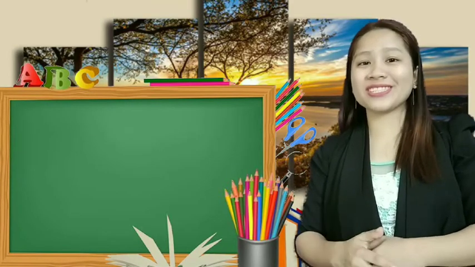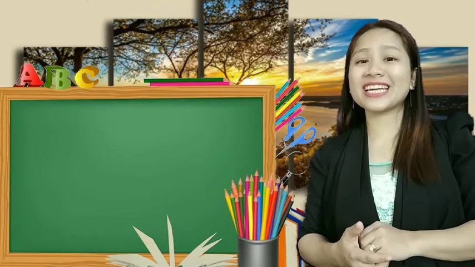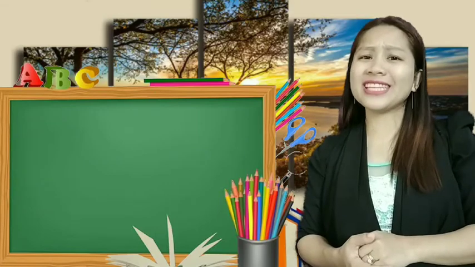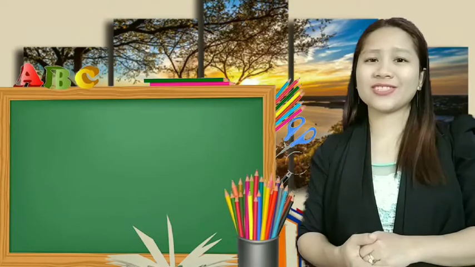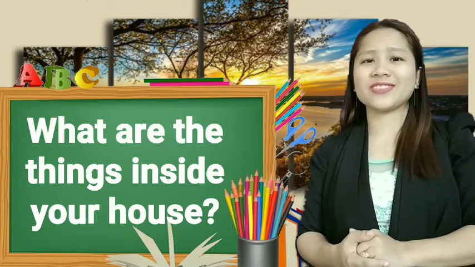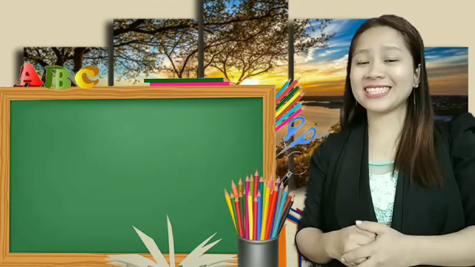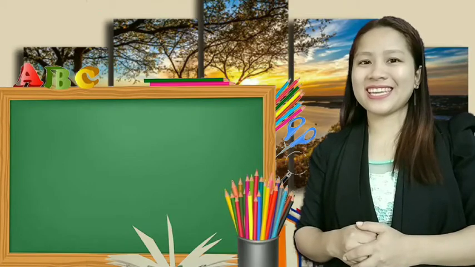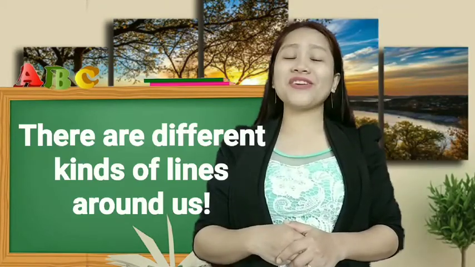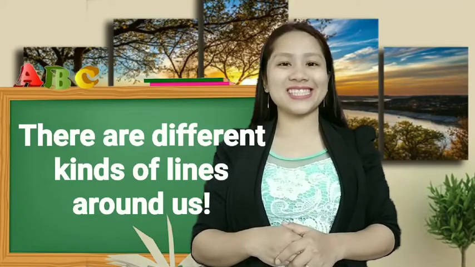Yes, of course. There are different kinds of lines. Think about inside the house. What are the things inside your house? Have you seen lines? That's great. There are different kinds of lines around us.